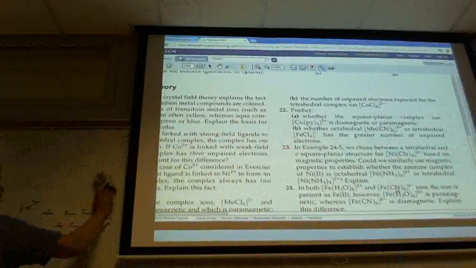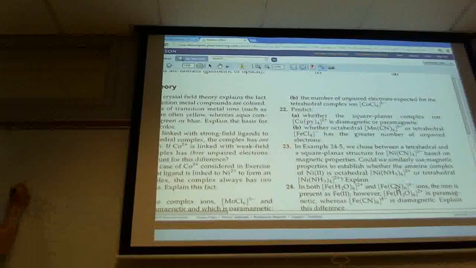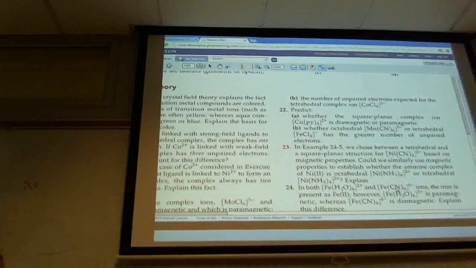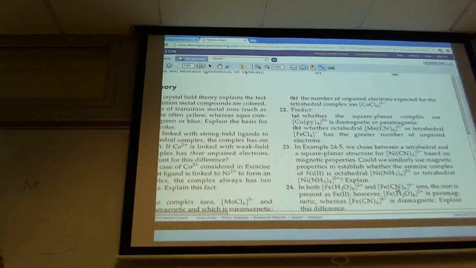Normally, how many valence electrons does nickel 2 plus have? 0. Right, and so the bonding is going to come from the bonding to the cyanides.